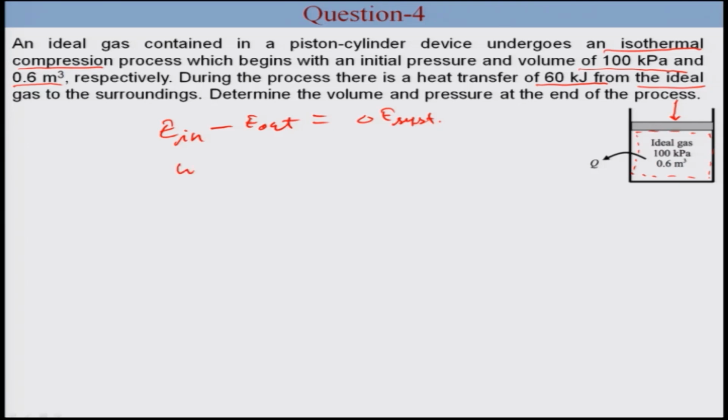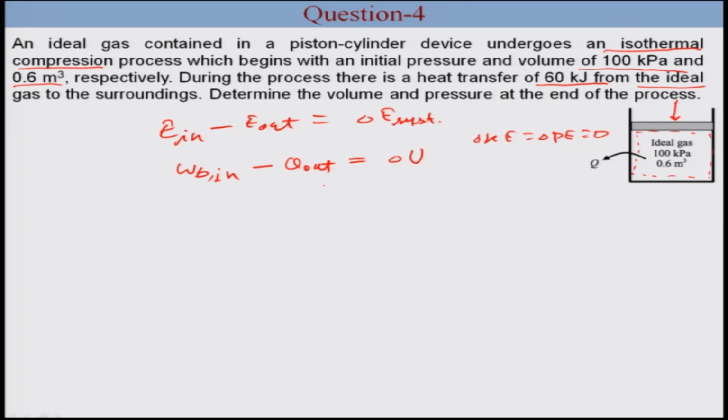So that work in is the energy coming inside the system, and since it is losing energy to the surrounding, that becomes our Q out, and delta E of the system will be the change in internal energy, because the system is stationary. So delta KE and delta PE will be 0.